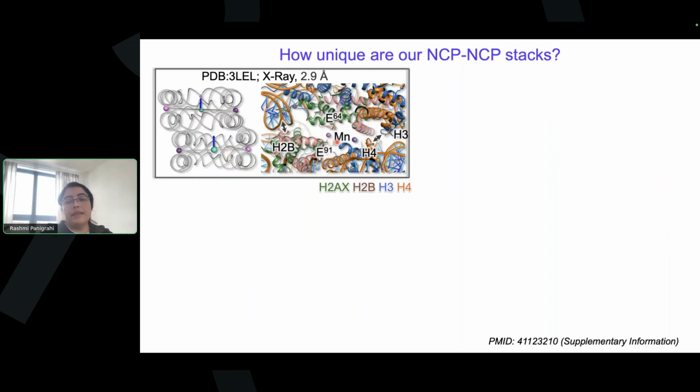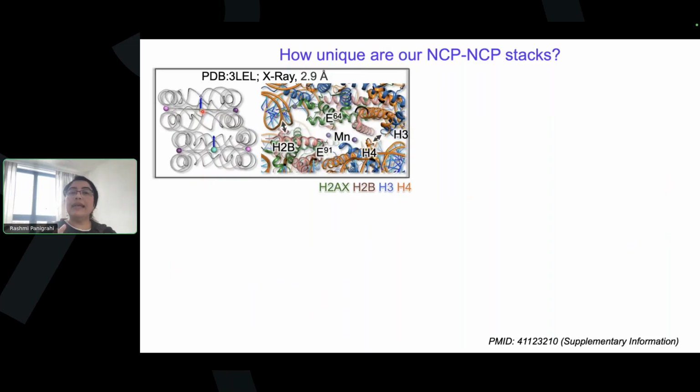And then there was a very nice interface, which was mostly stabilized by the ion. What we saw here is the dyad center of NCP1 is completely 180 degrees rotated when we compare with NCP2. So completely turned 180 degrees.